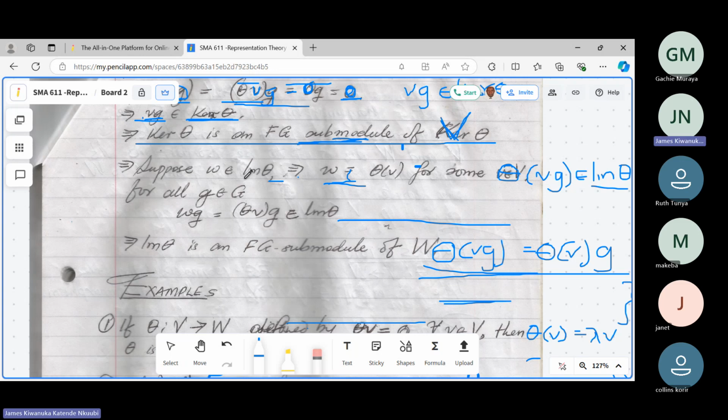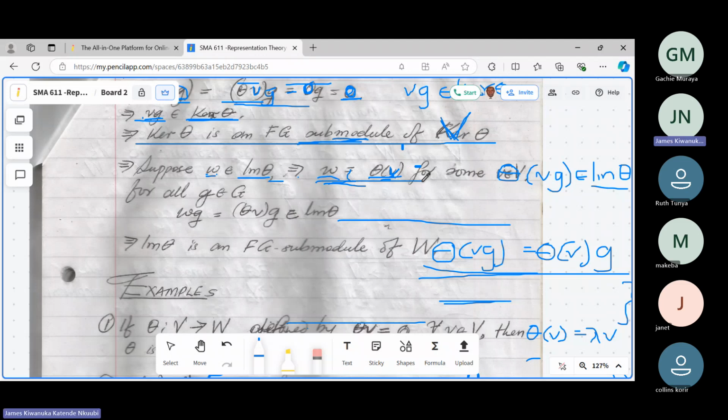So the next thing, again, the image. We know it's a subspace. We just need to check that it preserves the multiplication. So if an element W is in the image, then it must be the image of some element V in the vector space V. So we can write W as theta of V. Otherwise, it won't be in the image. It must correspond to some element V in the vector space V under this map.